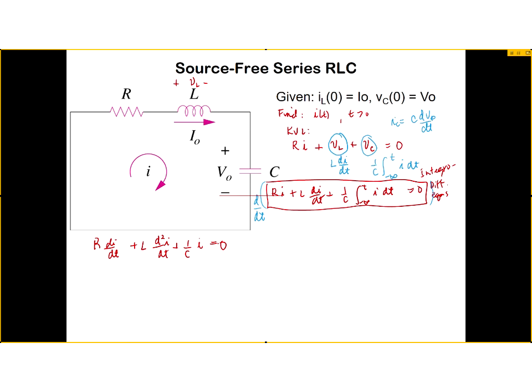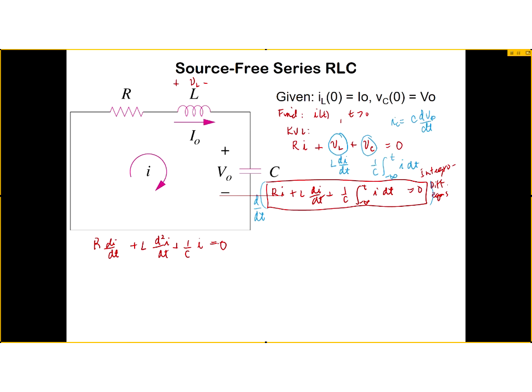Okay? So this is now, what is this? It's now a regular, ordinary differential equation. It's second order, right? And it's homogeneous, right? 0 on the right, okay, for differential equations people. And also linear.